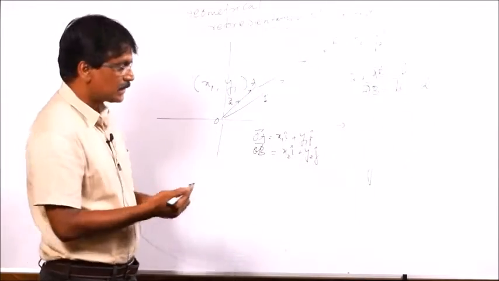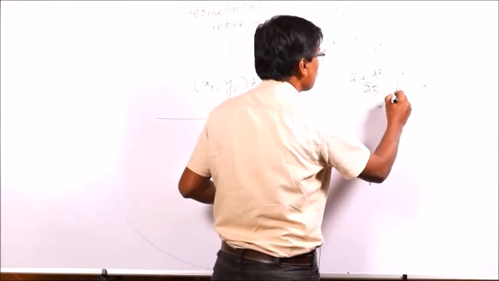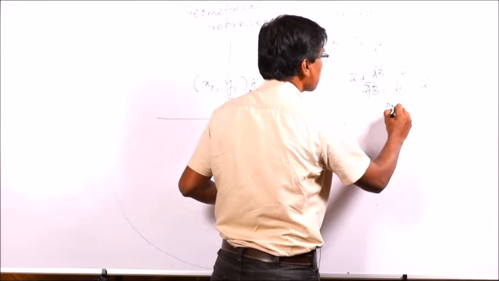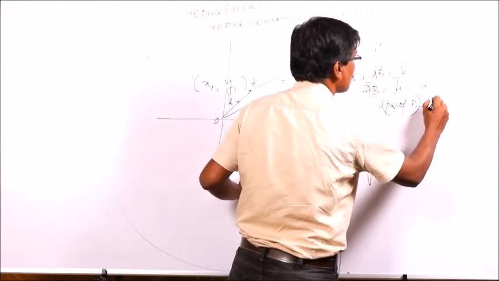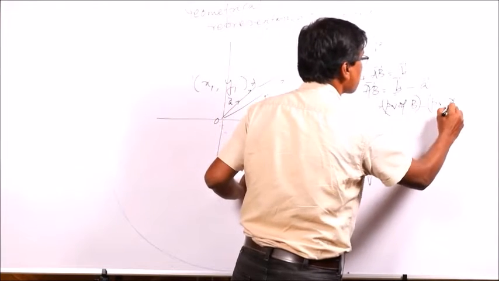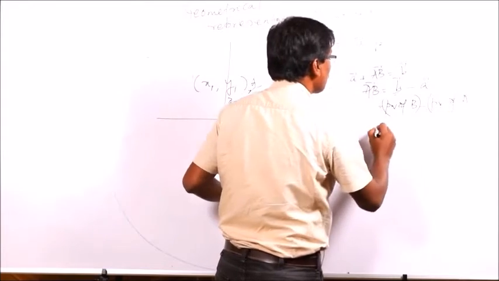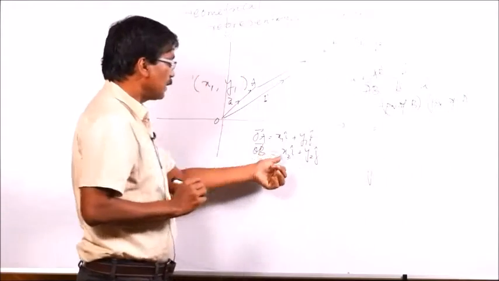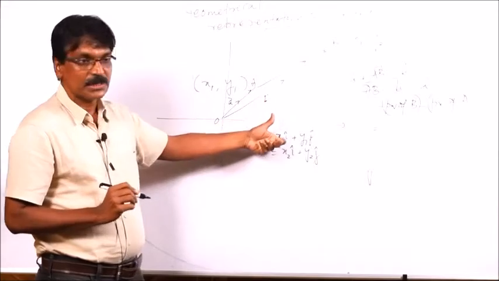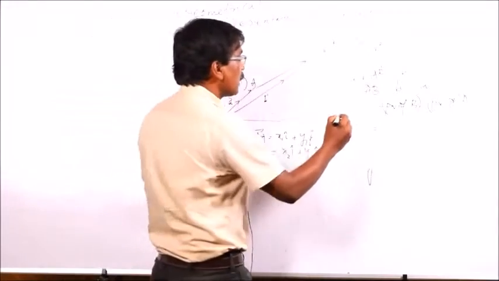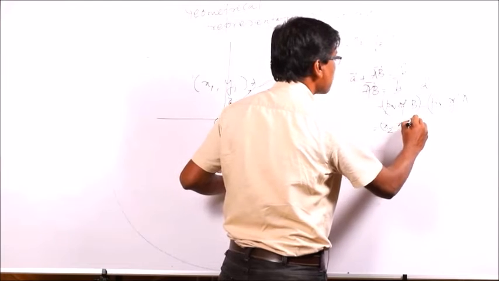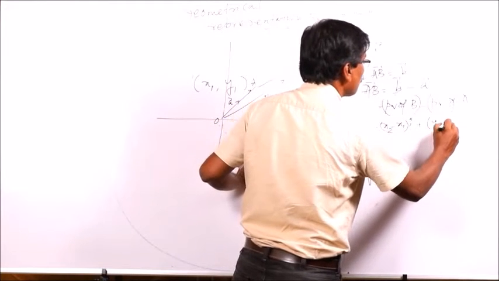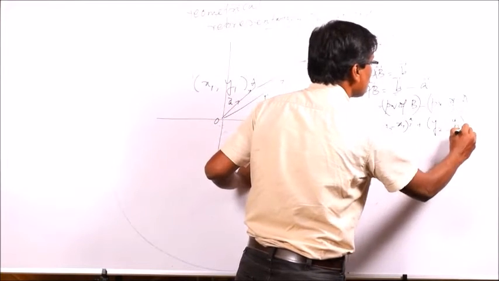So AB vector is the position vector of B minus the position vector of A. We simply subtract component wise, that is x2 minus x1 i cap plus y2 minus y1 j cap.